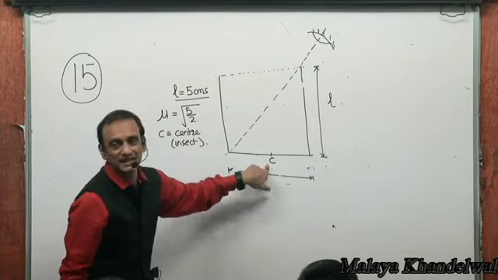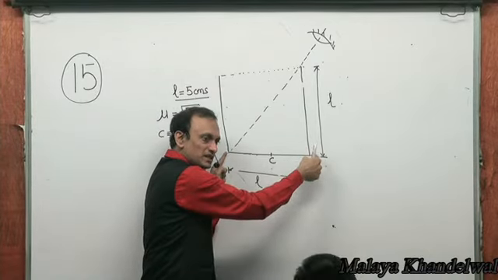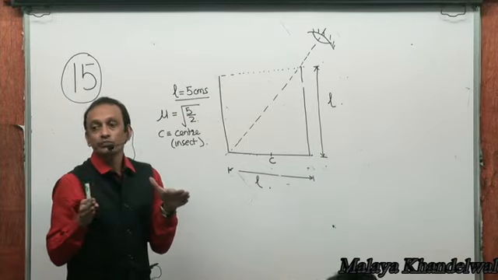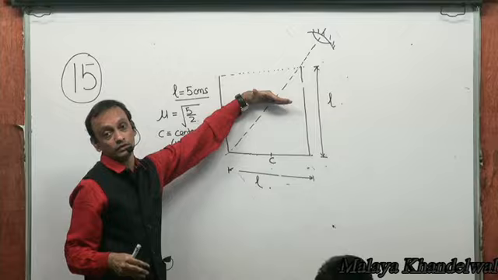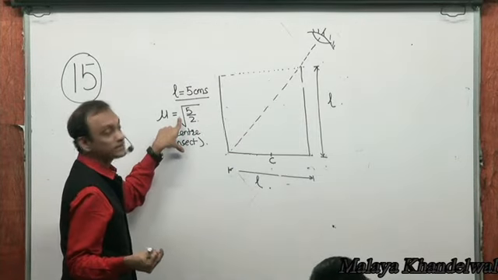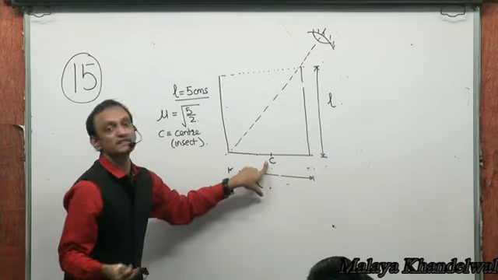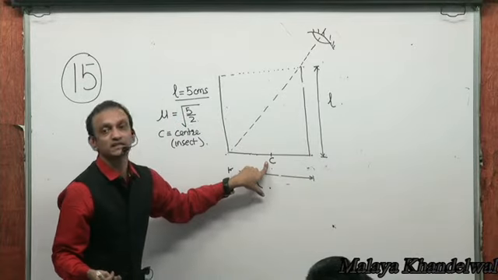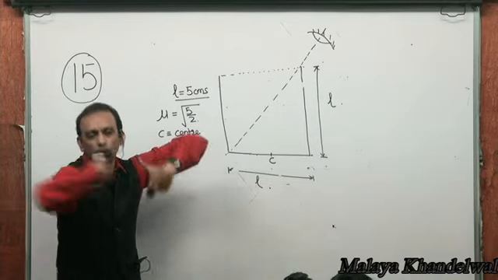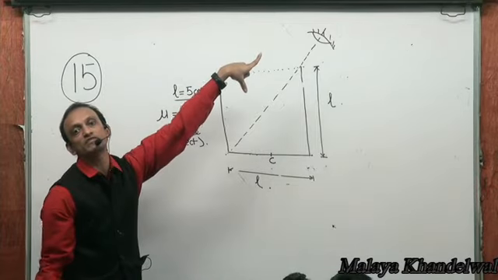There is an insect at C, the mid of the base. And now what we want to be able to do is fill this tank with a transparent substance of refractive index mu equal to root 5 by 2, so that this eye can see the insect at C. We want to fill this tank up to a certain height with a liquid of refractive index root 5 by 2, so that the insect at C is visible to the eye.